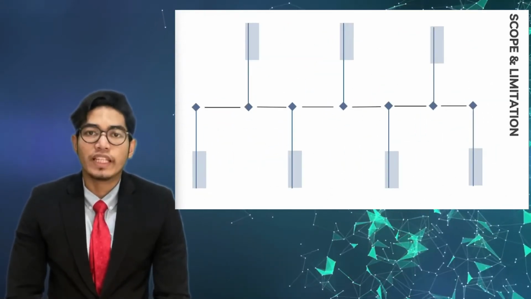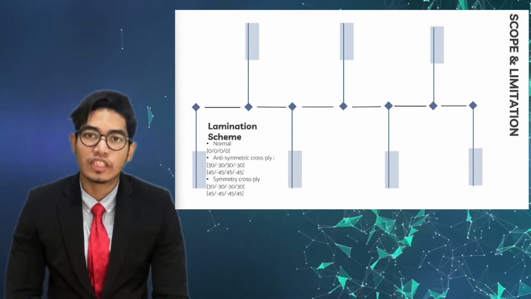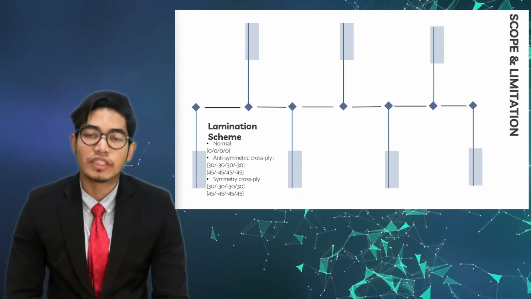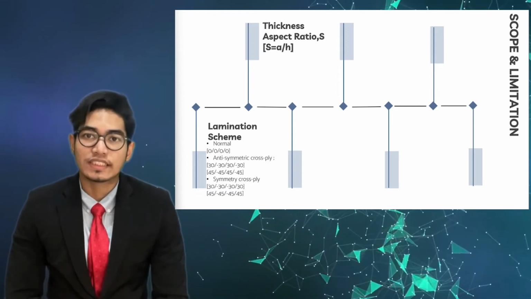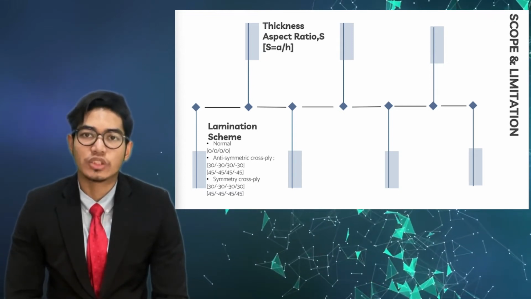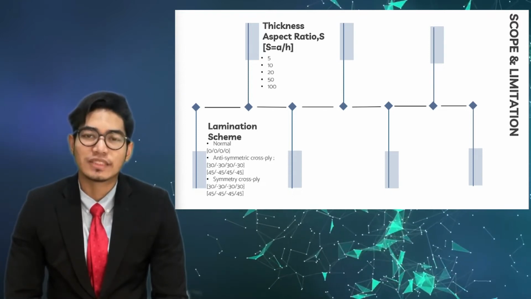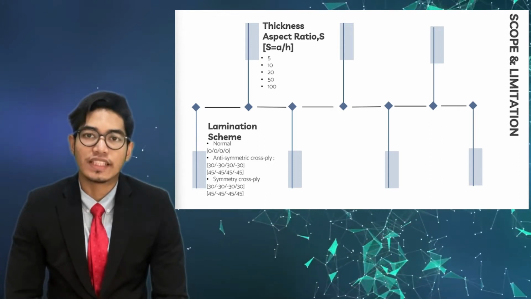The scope of my FYP is, first, specific lamination schemes: normal with 0 degrees, then anti-symmetric cross-ply and symmetric cross-ply. Then their thickness is referred to by the aspect ratio, which is S equal to length divided by height. The aspect ratios used are 5, 10, 20, 50, and 100.